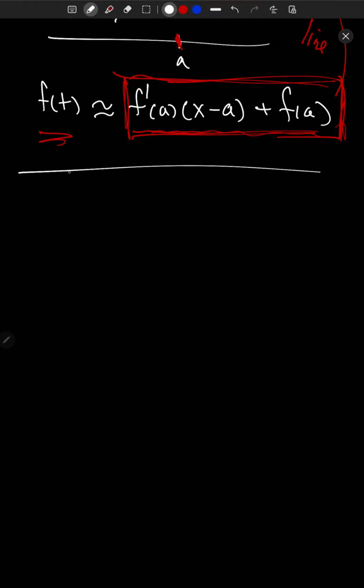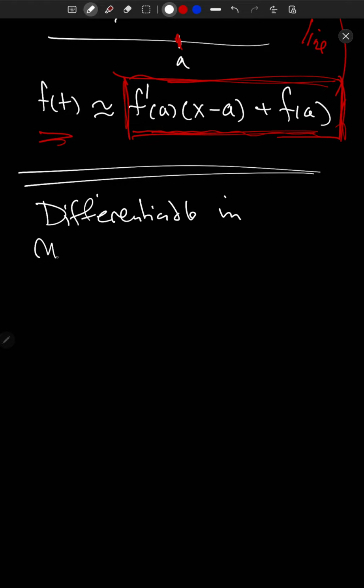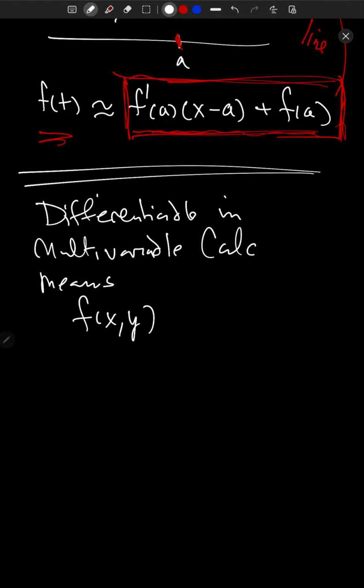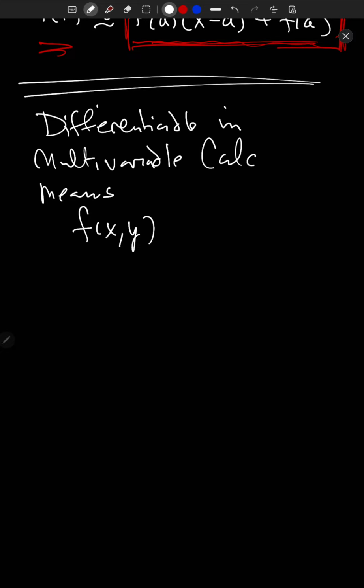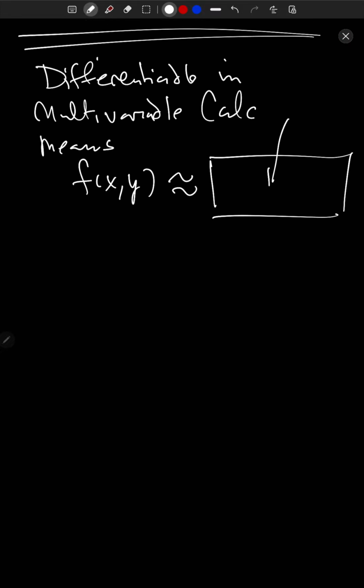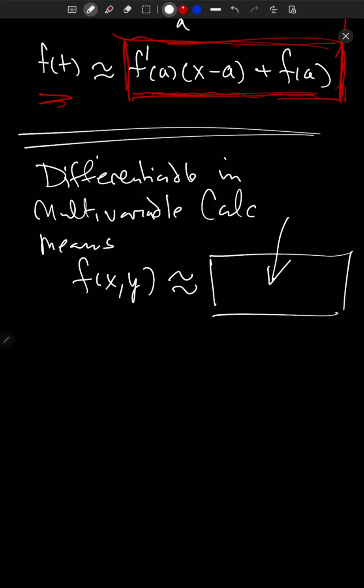Rather, being differentiable in multivariable calculus means f of x comma y, and I'm just going to restrict myself to two variable functions for now, is approximately something like this, the thing that's analogous to the tangent line. All right.